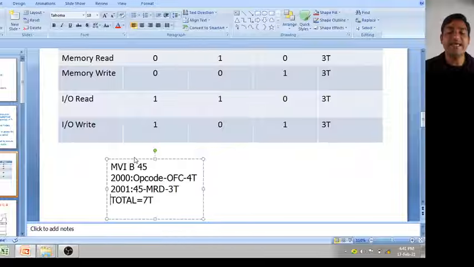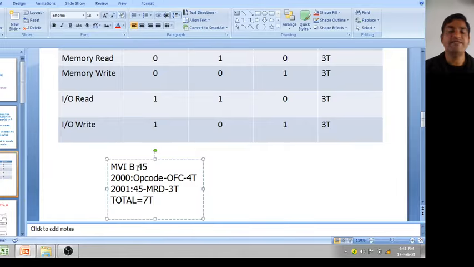So in case of immediate addressing mode, what is the function? B equals 45. You have already sent this 45 to the B register. So only 7 T states and 2 machine cycles, opcode fetching and memory read. You have to remember, in case of immediate addressing mode with 8-bit data, always 7 T states are required.